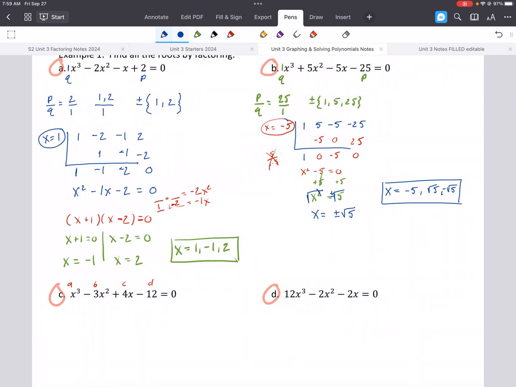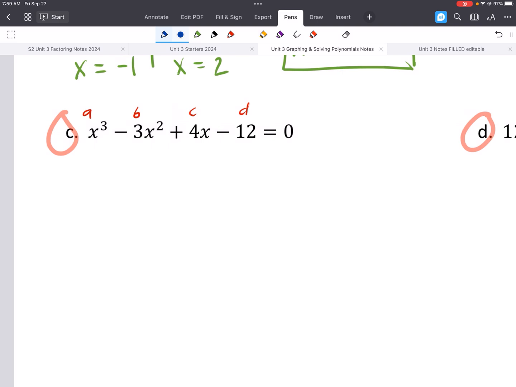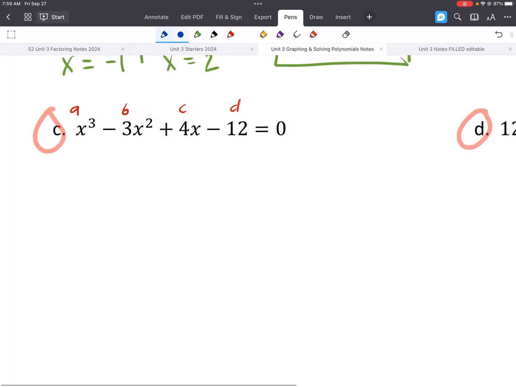So I'm going to give you another example that has the same sort of feel, but a different way to do it, okay? You need to make sure you look, because this doesn't work all the time. So if we multiply B and C, is it equal to when we multiply A and D?